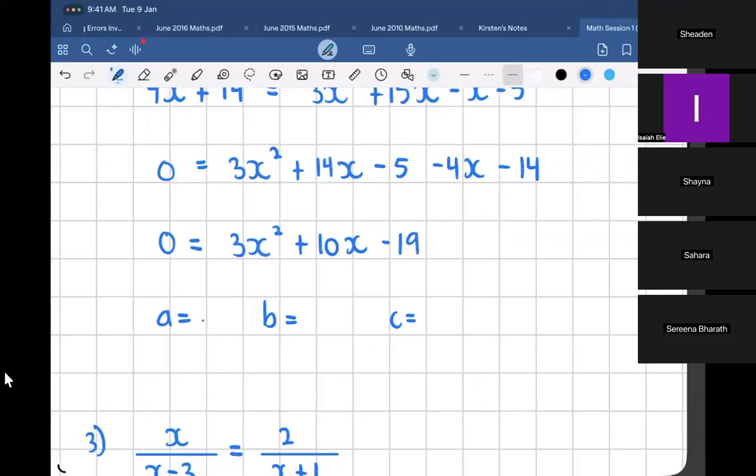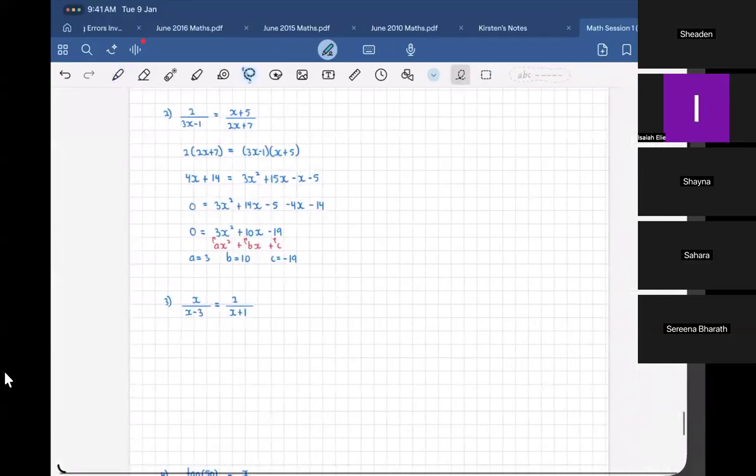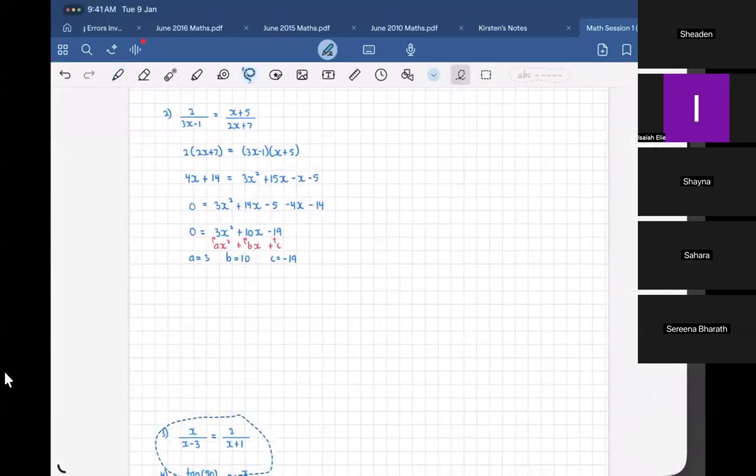A would be equal to 3. For those who are confused, we're just comparing it to the form of a quadratic. So A would be 3, B would be 10, and C would be minus 19. I'm trying to move fast, but at the same time not to majorly confuse anybody. If you're looking back at the recordings, you wouldn't be completely cooked.